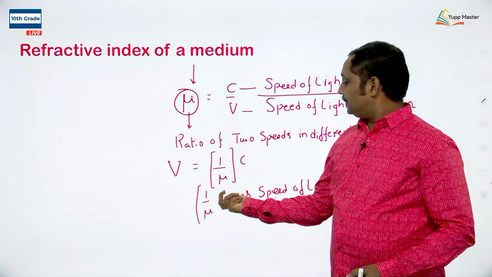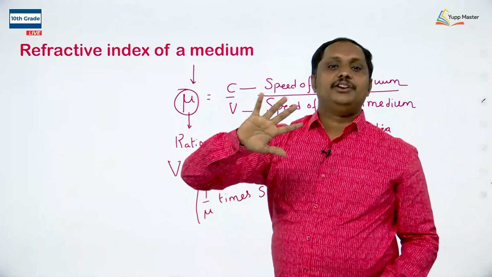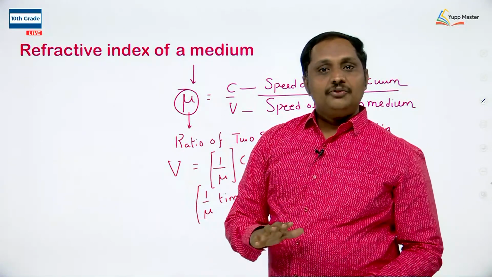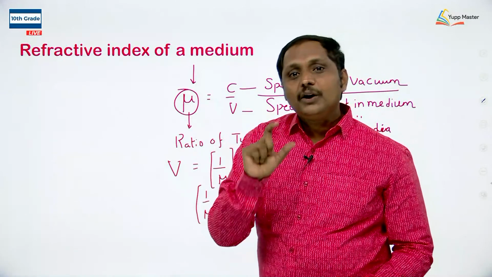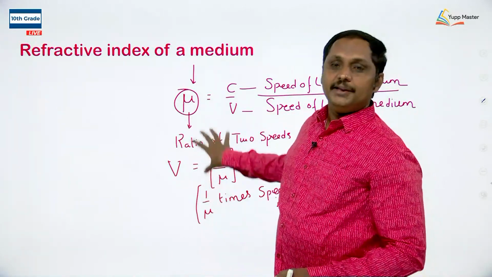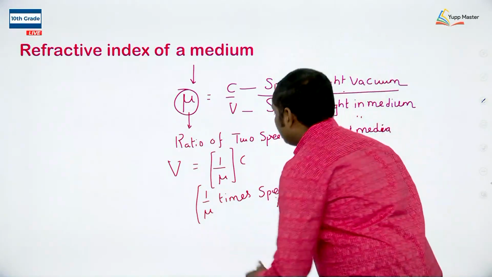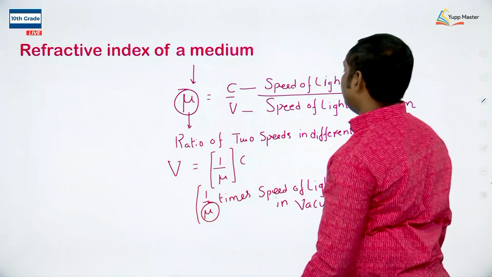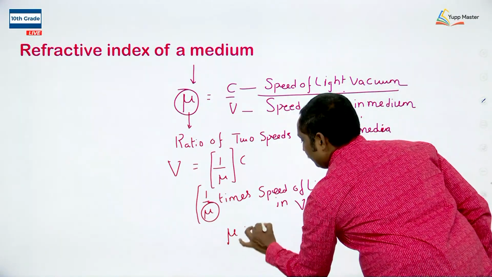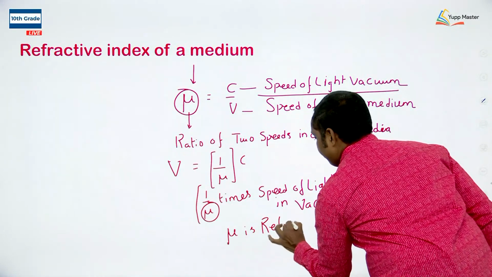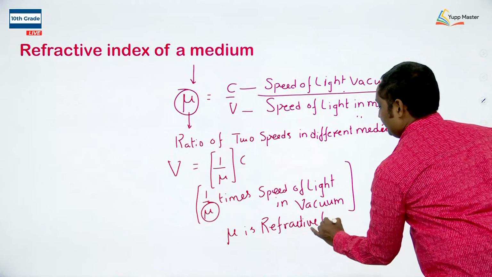So, the mu value gives the significance of how the speed is affected when the light ray travels from one medium to another medium. So, the speed of light changes 1 by mu times that of the speed of light, where mu is the refractive index of the medium.